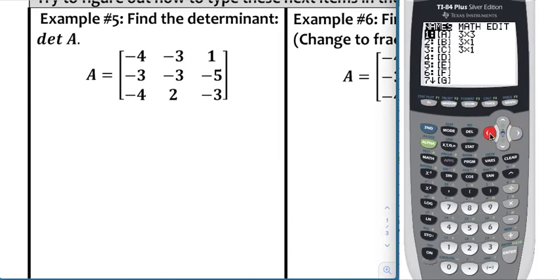So we're going to go matrix A, and we're going to edit, and we're going to change this to a 3 by 3. So -4, -3. Yeah, this takes a second to plug these in.